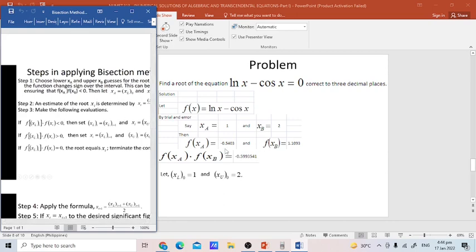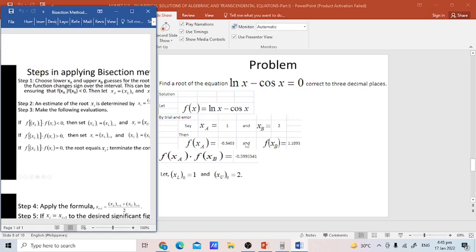So, this is the interval, negative 0.5403 to 1.1093. The function changes sign over the interval. So, from the negative value of the function to the positive value of the function, in between, there is 0.